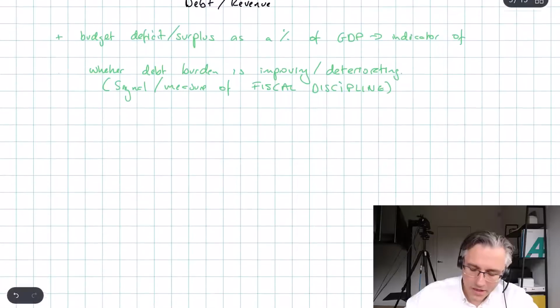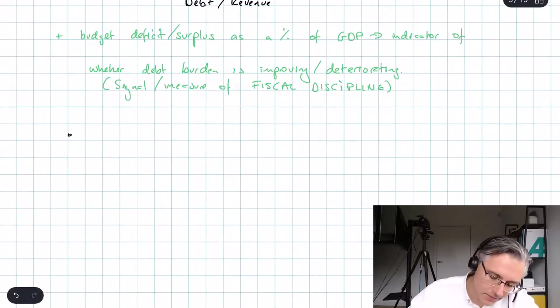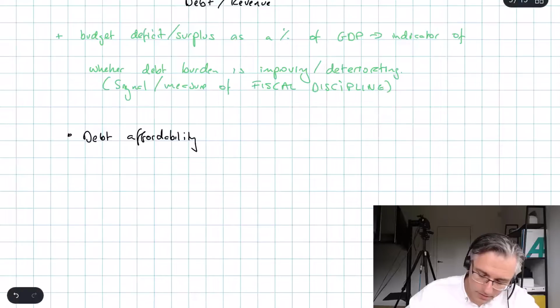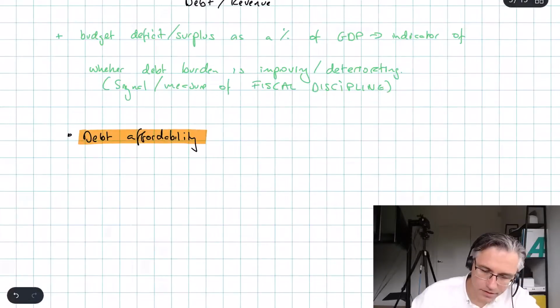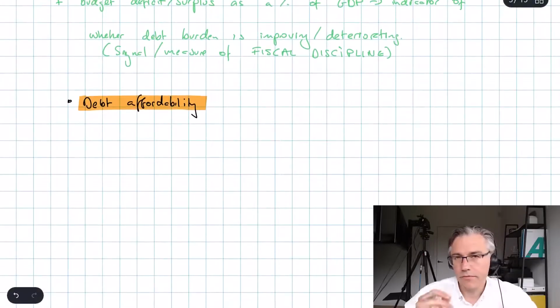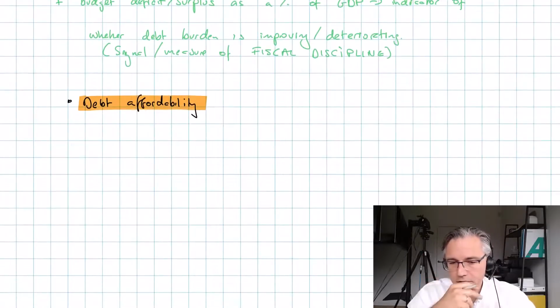One more is going to be debt affordability. And this is a bit like debt coverage that we discussed previously with companies, or it's a similar measure.